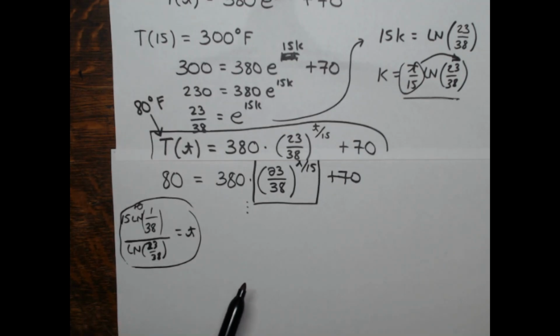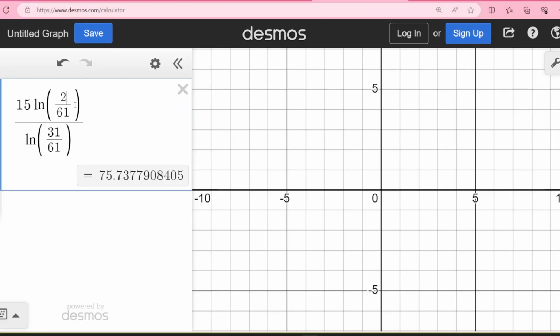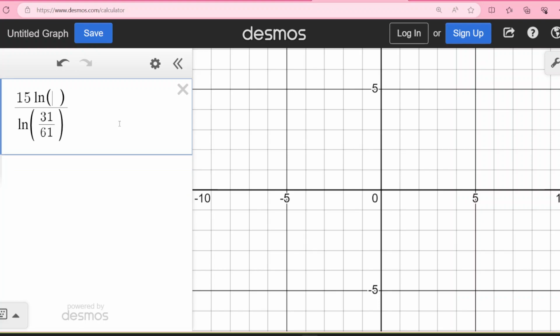But they do want us to round this to the nearest minute, right? So again, I'm going to enter this into the calculator, which is actually the calculation from the earlier problem in this video involving Newton's law of cooling. I'm just going to change the expressions inside this log.